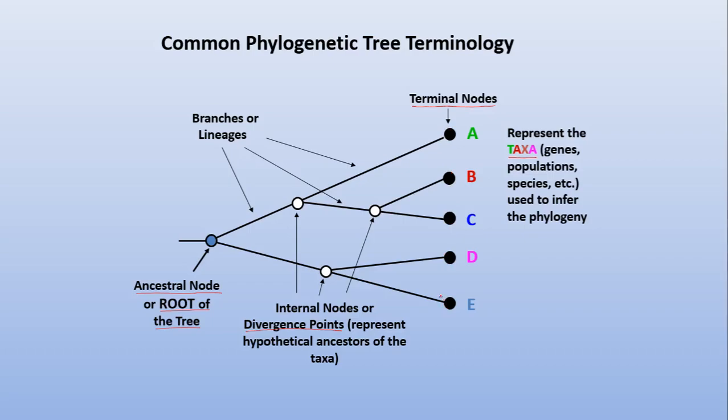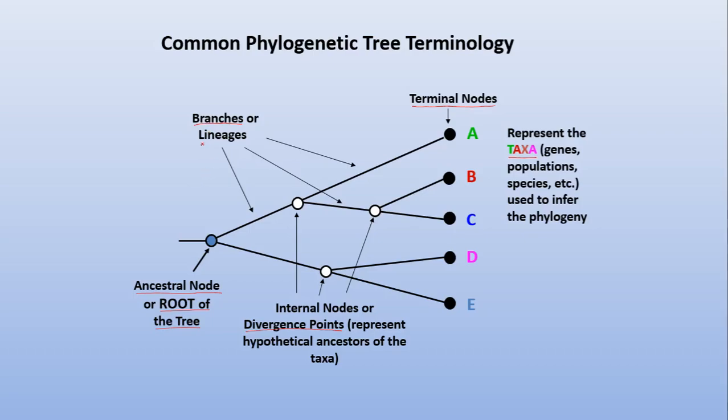Your phylogenetic tree can contain a root or ancestral node that represents the common ancestry. Then it can have internal nodes or divergence points that represent the hypothetical ancestors of the terminal nodes, and eventually we have the terminal nodes that you can observe right now, and these are represented as taxa. The lines that join such terminal nodes, ancestral nodes, and the root of your tree are termed branches.